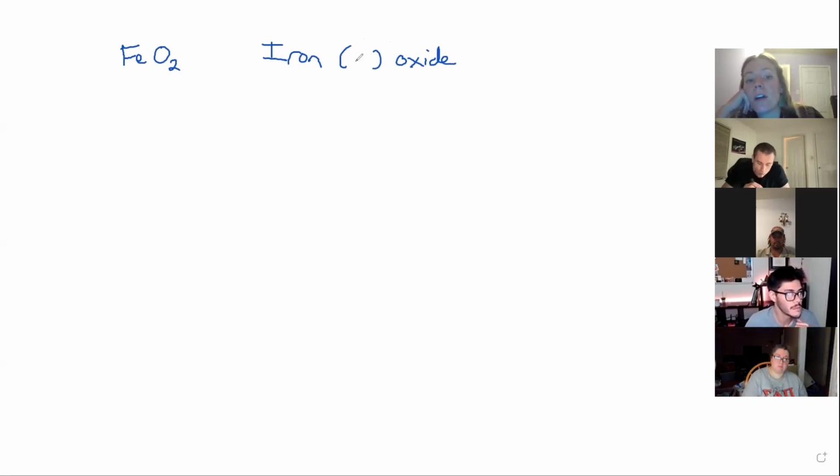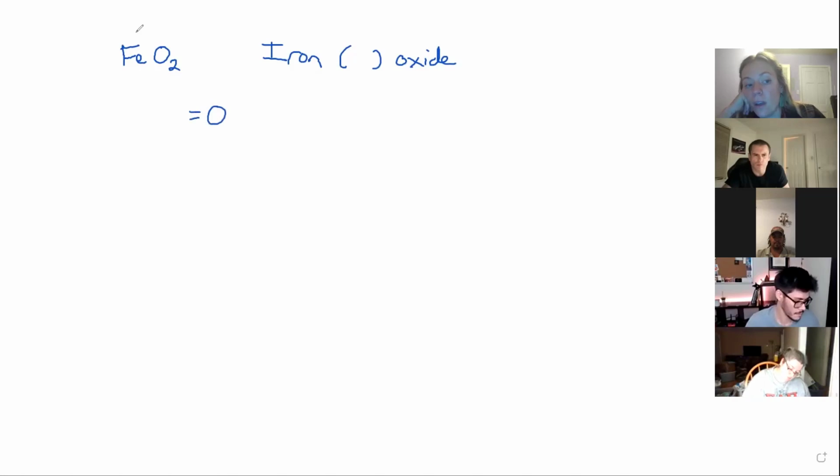So how do I figure out what the charge is on iron? Well, do you all agree that the charge for this whole compound is 0? We don't see a charge in the upper right-hand corner, so the whole charge has to equal 0. I'm going to cut this thing in half, separating it into the metal half and the non-metal half. You go from what you know for sure to get what you don't know.